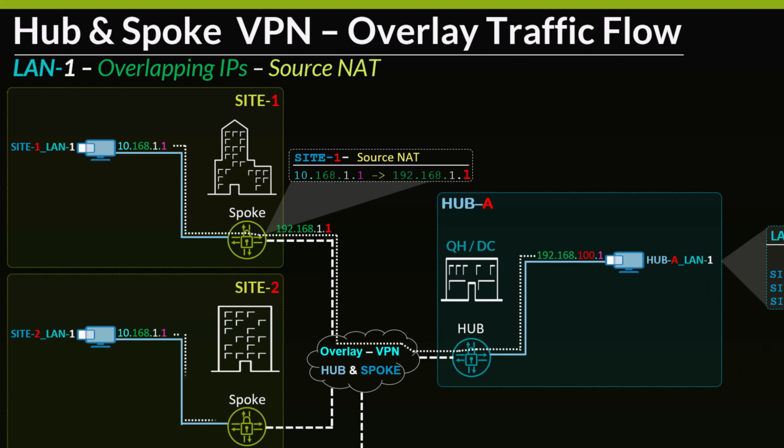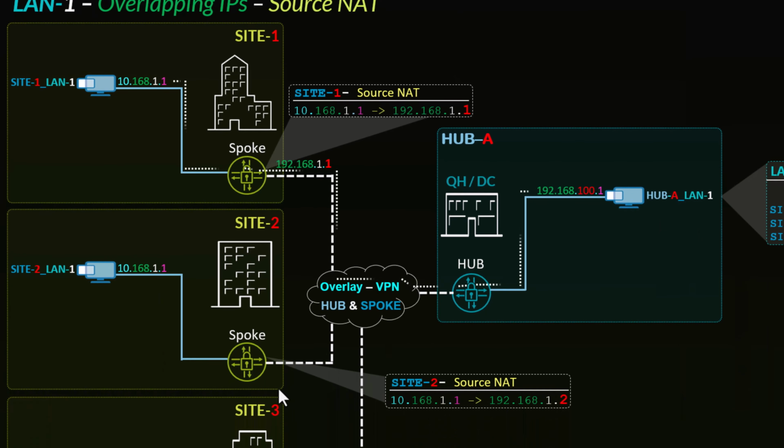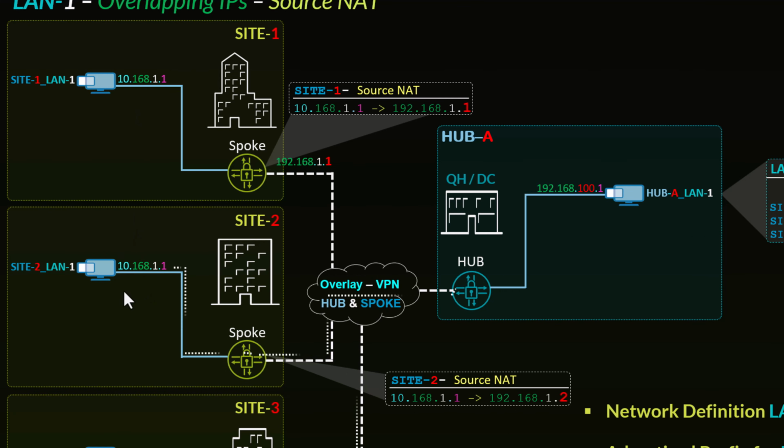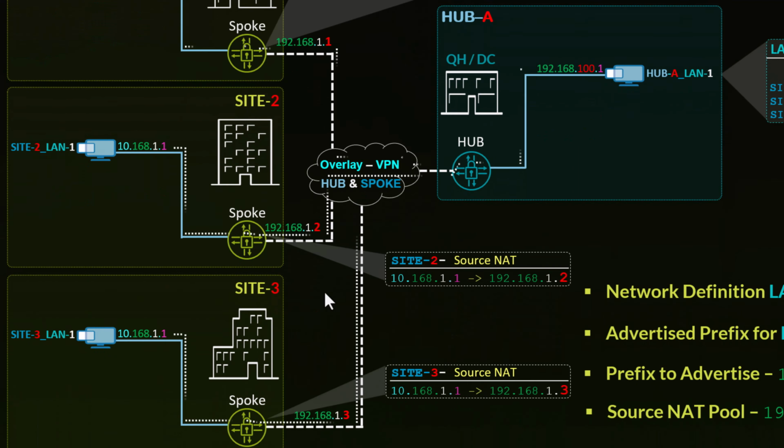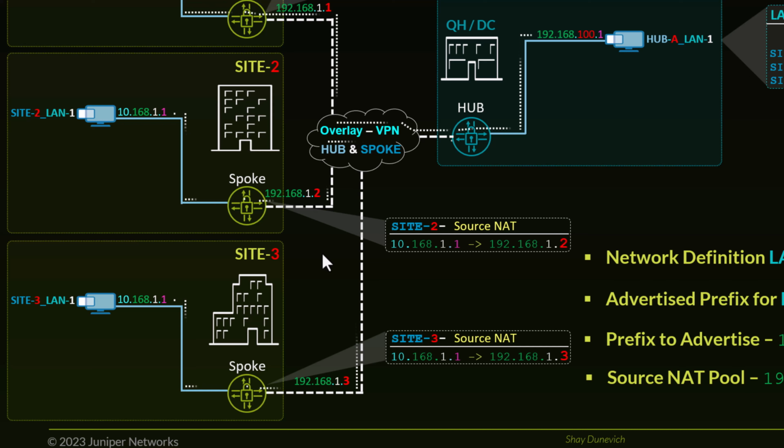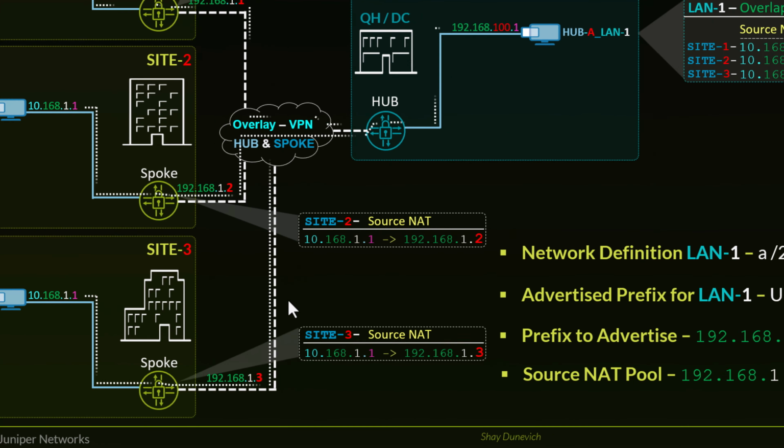Similarly, from site 2 and 3, traffic will be NATed because it's overlapping IPs, and each and every site is the same segment. LAN 1 is the same segment, 10.168.1.0/24, and hence we need to source NAT it to a different IP, so the return traffic from hub towards the site would know how to get back to the respective site. So 192.168.1.2 is going to be NATed from traffic that is coming from site 2 and site 3, and so on.